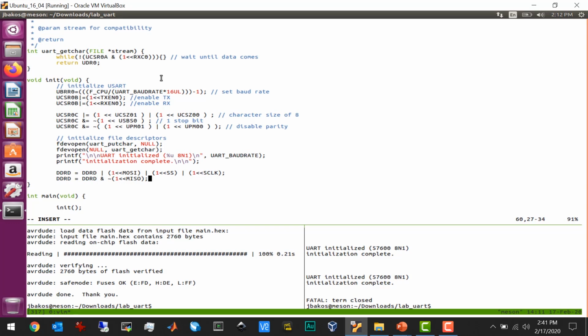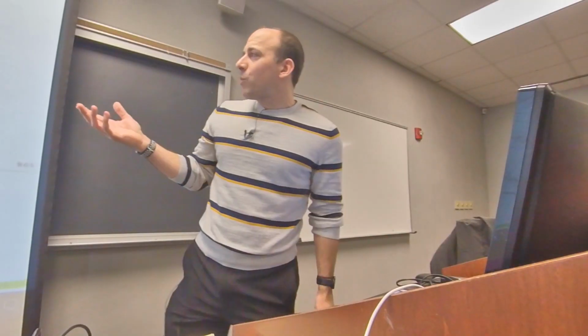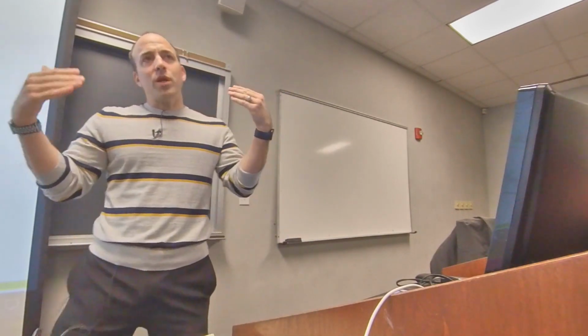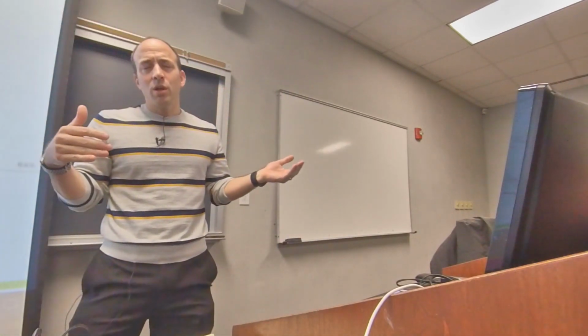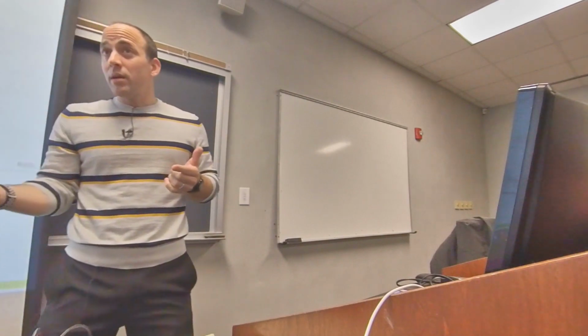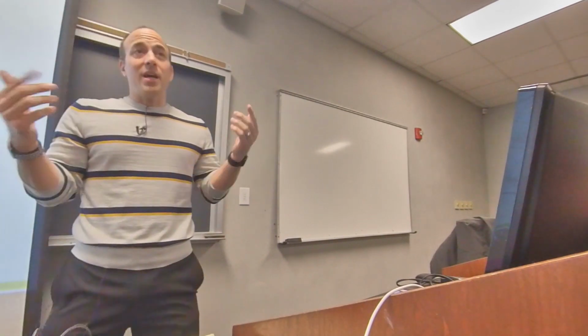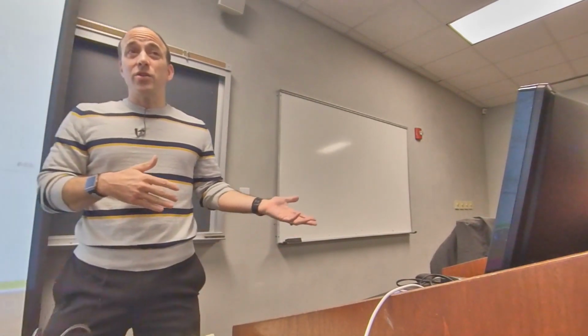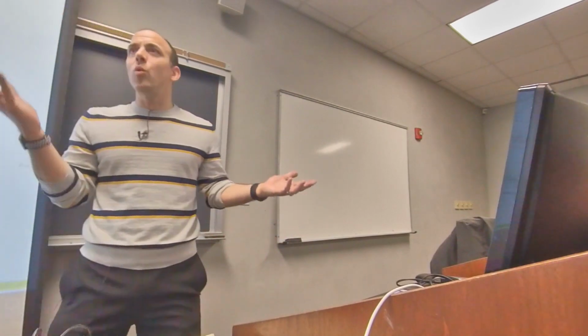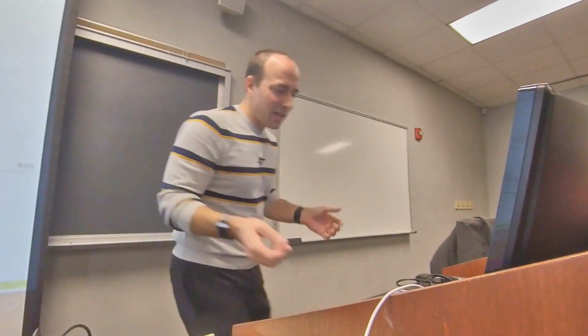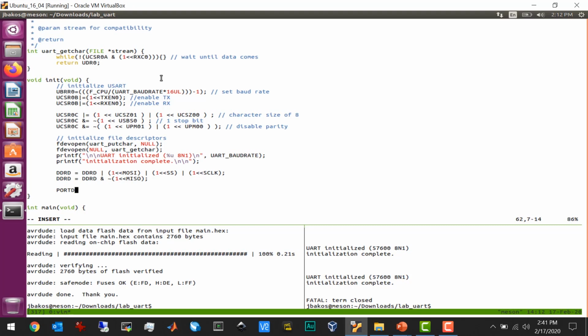Okay, so I've got my pins set up. I mentioned I want to use CPOL 1. So what does that mean? I need to initialize my clock to 1, right? The clock should be 1 by default, so I can go ahead and drive that right now.